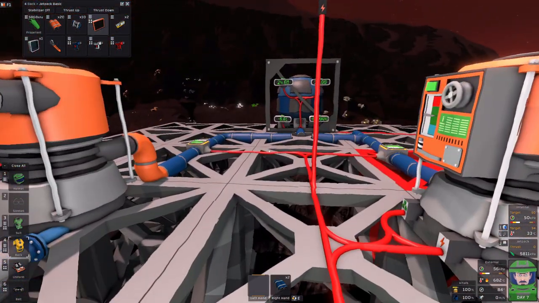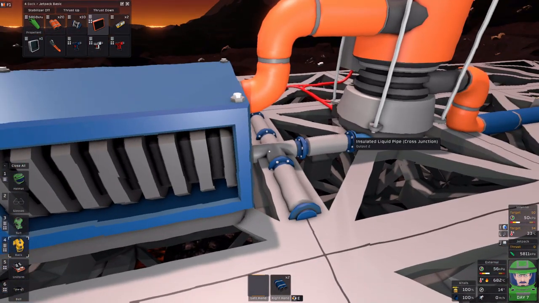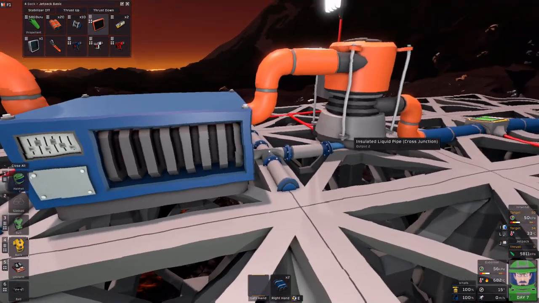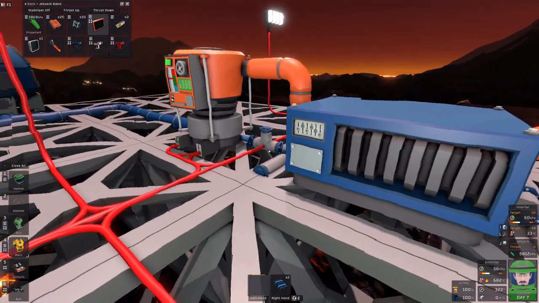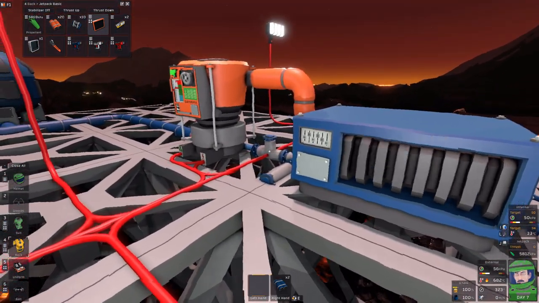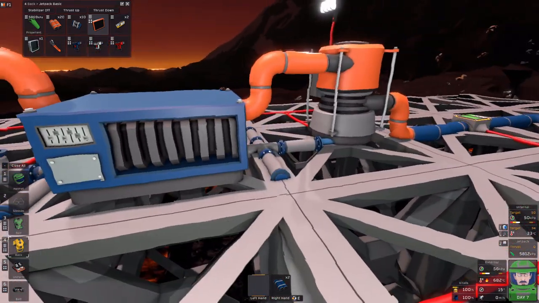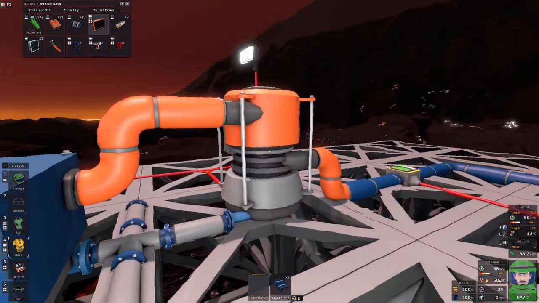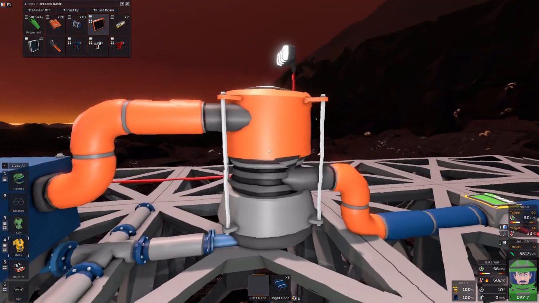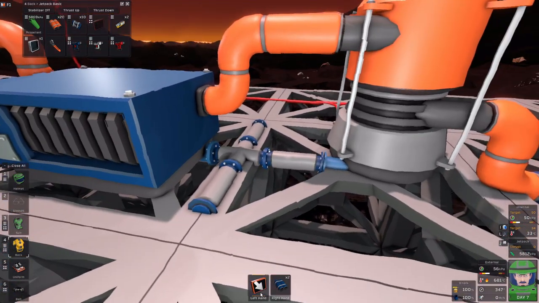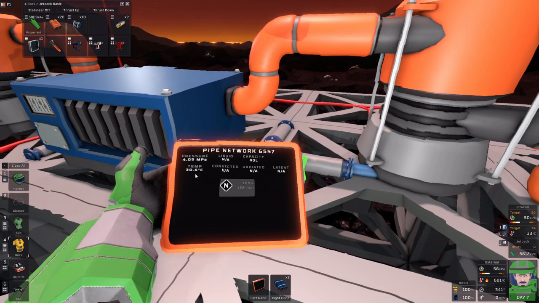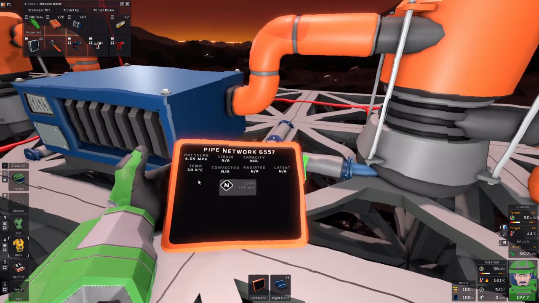Now, one thing I will note is that because you pressurize the liquid pipes, you are now more vulnerable to huge temperature swings in this pipe network. I would definitely recommend putting in some form of purge valve safety system. Because if, for example, this gets extremely hot, you will note that this pipe network is already at 4 megapascals at 30 Celsius.